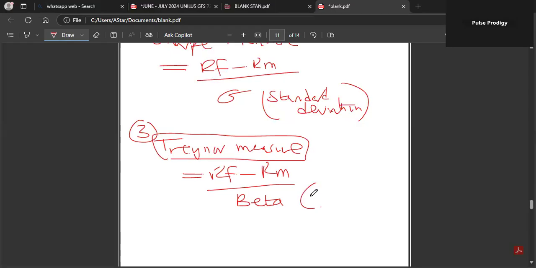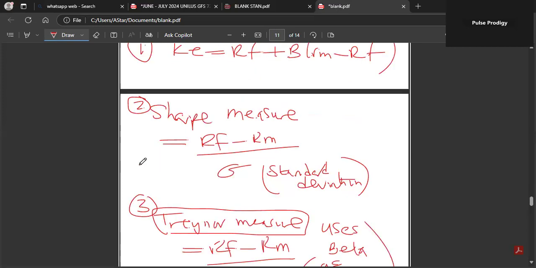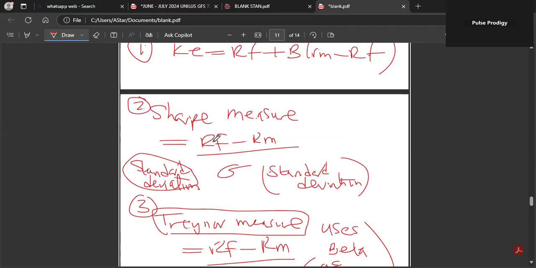This one uses beta as a measure of risk. Measure of what? Risk. The Sharpe one uses the standard deviation as the measure of risk. So these are the three measures that we have.